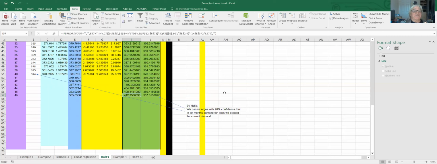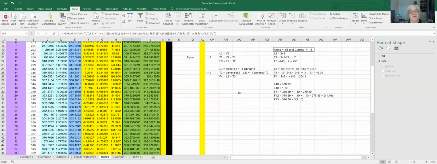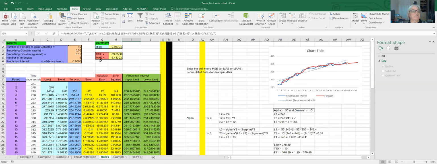But which result should we believe, the regression or this one? I would look at the MSE, for example. These are the optimal values, I think.